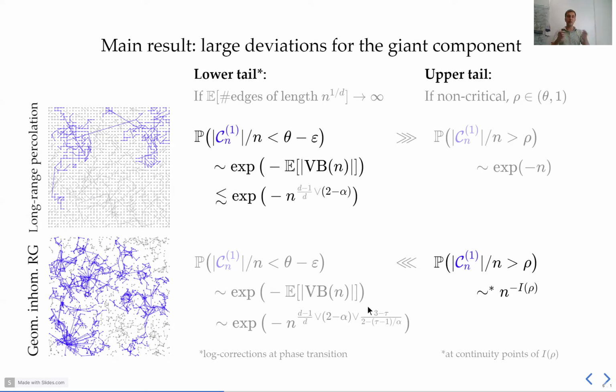So we only consider edges between those very high weight or high mark vertices. That's the main difference there.